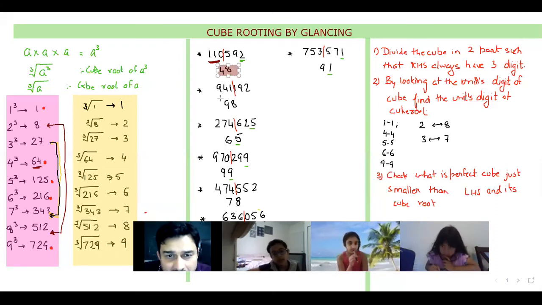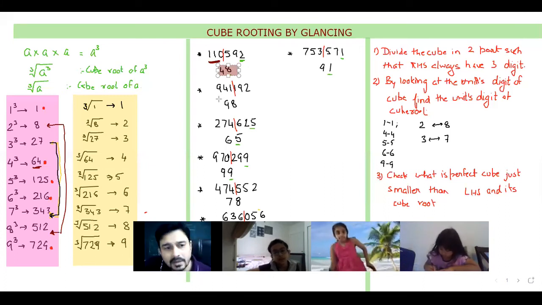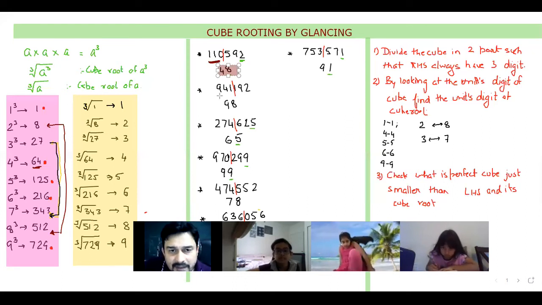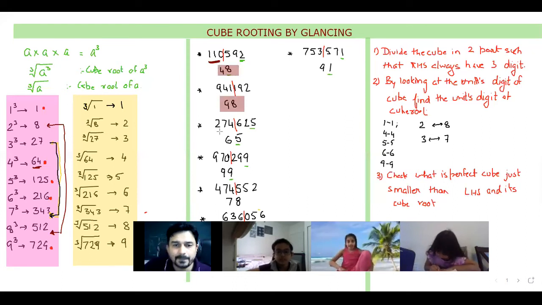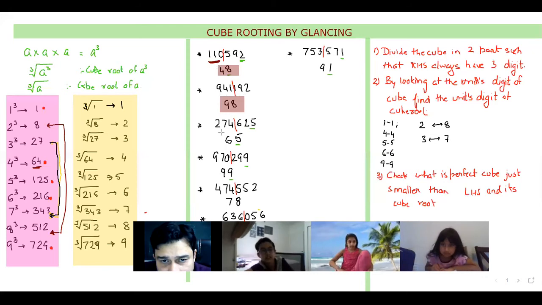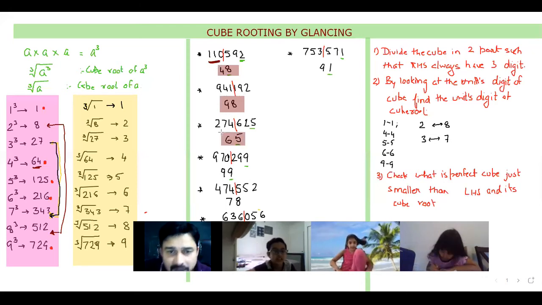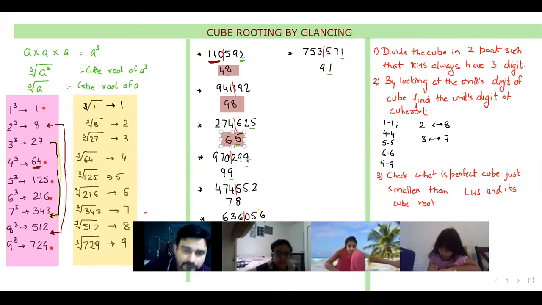The cube just smaller than 941 is 729, and cube root of 729 is 9. 274. The perfect cube smaller than 274 is 216, and the cube root of 216 is 6.